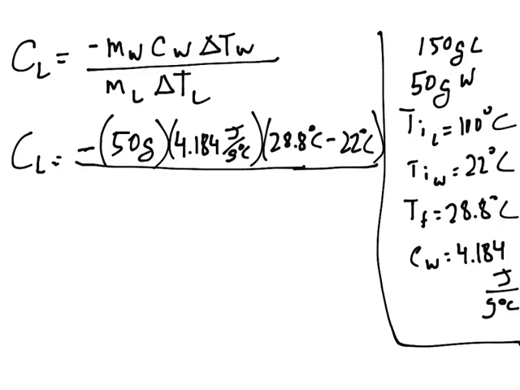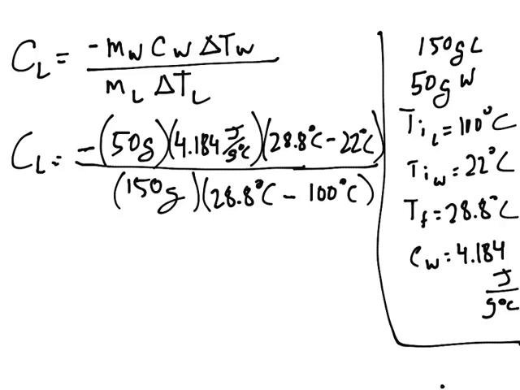That is going to be all over the mass of the lead, 150 grams, times the change in temperature of the lead. So it's going to be, again, the final temperature, 28.8 degrees Celsius, but in this case, minus the initial temperature of the lead, so 100 degrees Celsius.